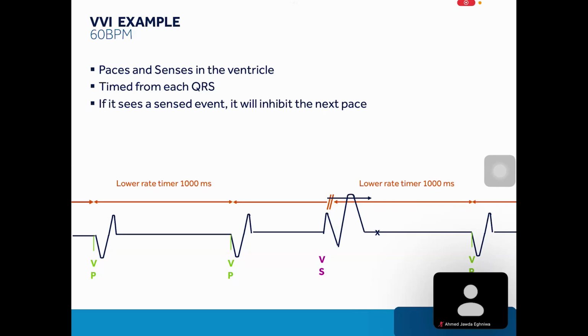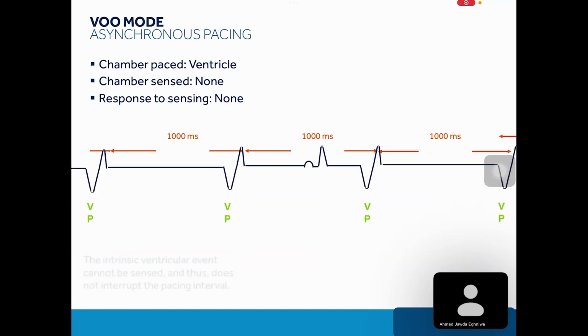If I choose T in VVI mode, in a single chamber pacemaker, when I put VVT, T means trigger, so I inform the pacemaker that if you sense RV lead noise, it will trigger. But in DDD mode, it will track. D means tracking. Okay, tracking. Clear.